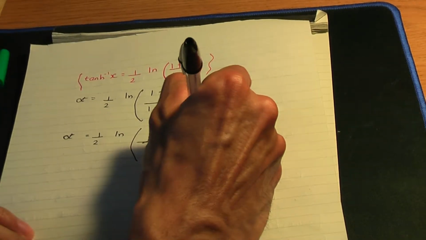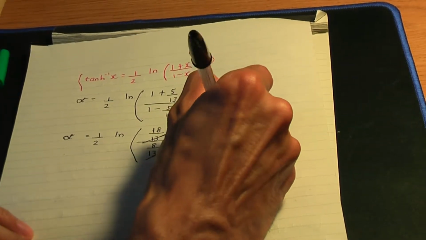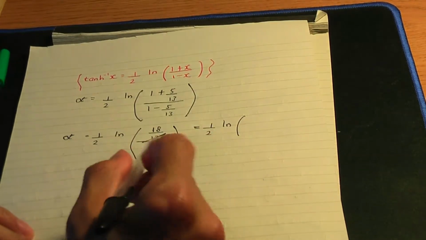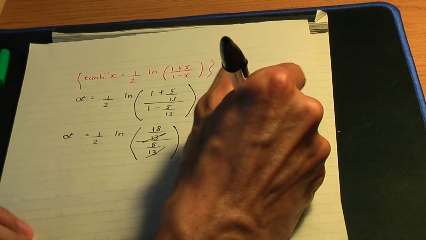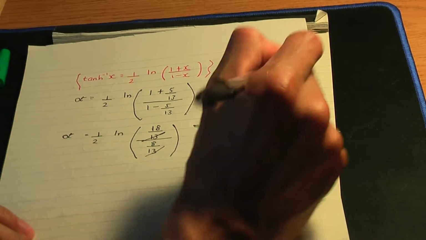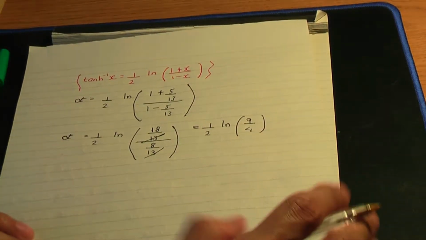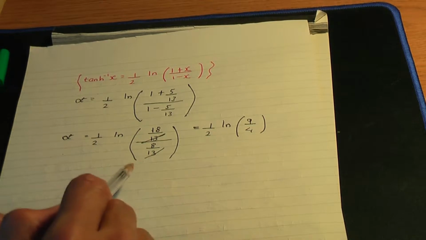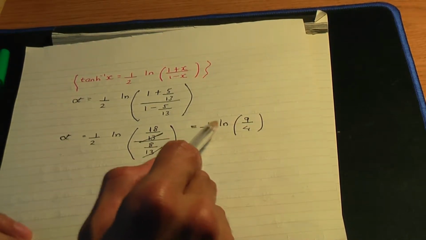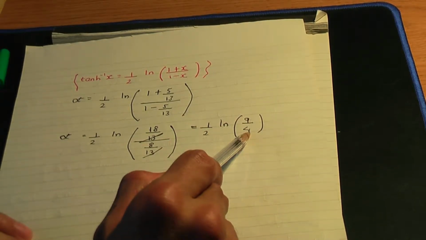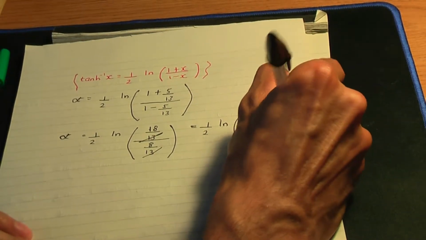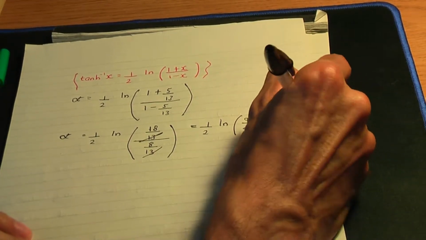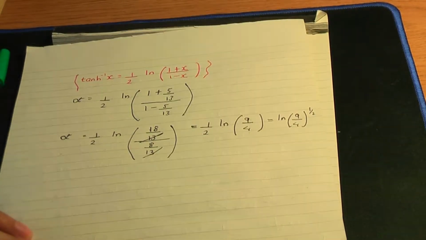Continuing along the line, I'll have half ln 18 over 8, which simplifies to 9 over 4. You can also simplify this further, because half ln 9 over 4 can be written as ln of 9 over 4 to the power of half.